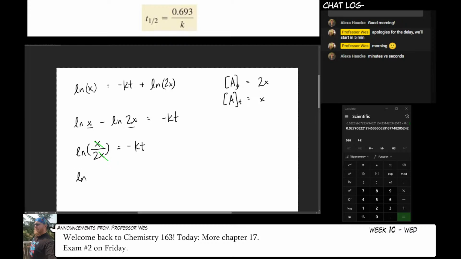And so I get natural log of a half equals minus kt, which I'm going to divide by negative k, minus k here. I can't find the button on my pen to erase here. I actually set this up the other day. And then the last thing that we can do is that if I put this negative up here, I can then flip the order of these two things and make it positive.